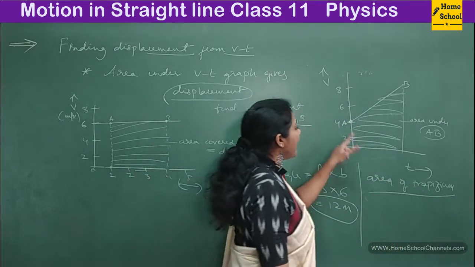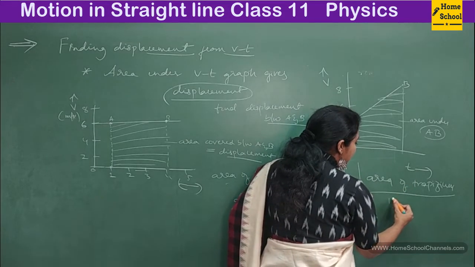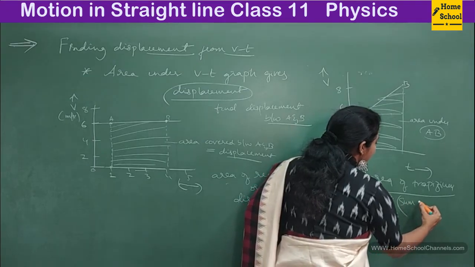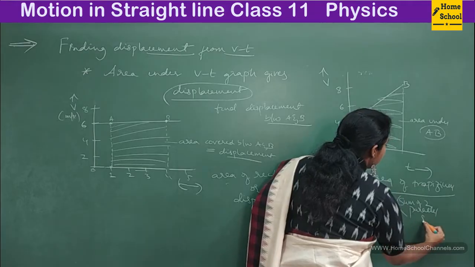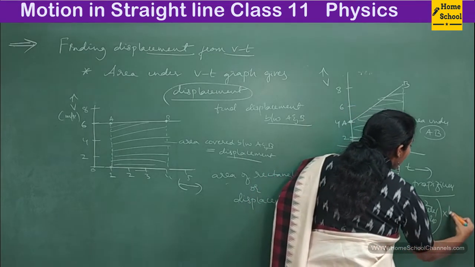What is the formula for the area of a trapezium? It is half into the sum of two parallel sides, into height.